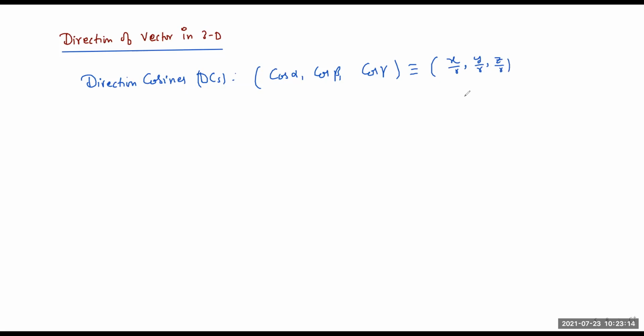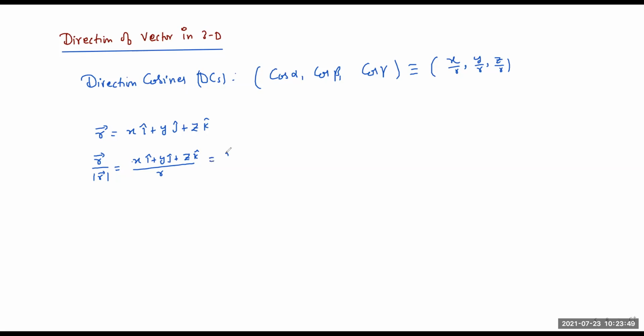And this is something very interesting. What is interesting about this? I'll go back to the r vector. We used to write the r vector as xi plus yj plus zk. If I divide both sides by the modulus of r, I'm just writing r because mod is not a nice way of writing, this becomes xi plus yj plus zk, divided by r.